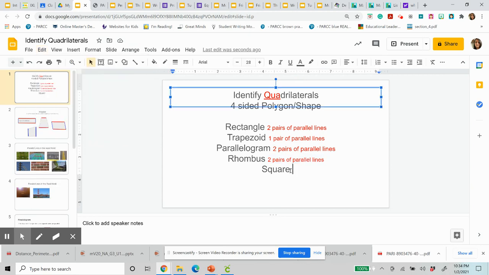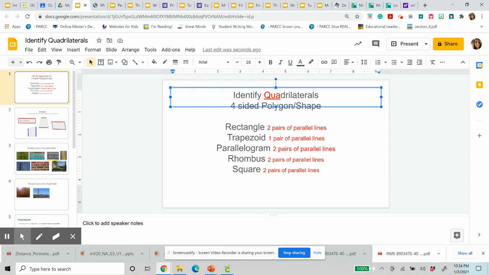So, again, remember I told you that when you're learning new things, you want to look for similarities. You want to look for differences. So when we're looking at, okay, we have quadrilaterals, right? So we have 5 quadrilaterals that we have to know: rectangle, trapezoid, parallelogram, rhombus, and square. All right, the trapezoid is the only one that's different.